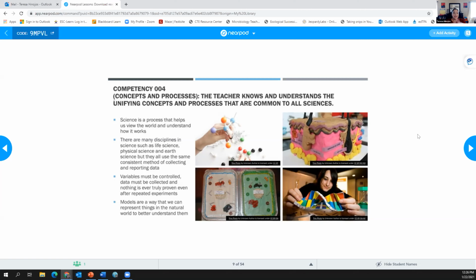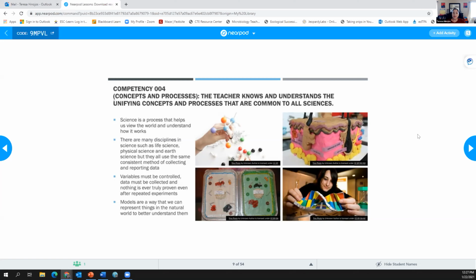So within any science subject, whenever they're doing any sort of experiment, the variables always have to be controlled. So you may have an independent variable or a dependent variable, and you have to make sure that your experiments are always done the same way to ensure that we're making a true experiment. So I can't just willy-nilly say, I'm going to test this out. I need to make sure that I know everything that is measured and everything that's having an effect on it.